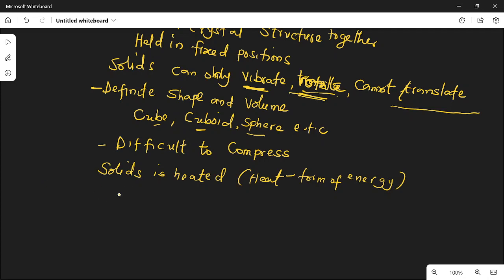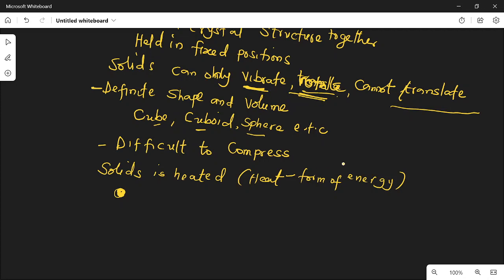So when you heat a solid, what happens? You have provided the molecules of the solid with a lot of energy. What will be the effect of the energy? It will increase the vibrational motion and the rotational motion.